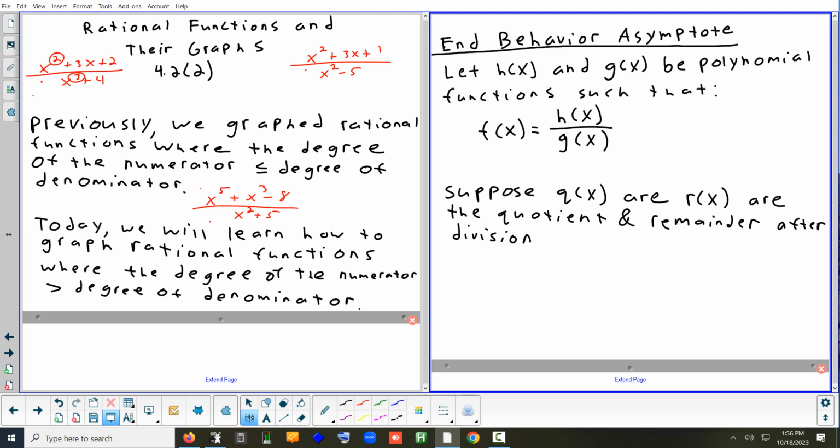After you do the division, you get a quotient and a remainder. Q of x is the EBA. So finding the EBA is something we already know how to do. We just have to do long division. Instead of calling it the quotient, we're going to call it the EBA, the end behavior asymptote.